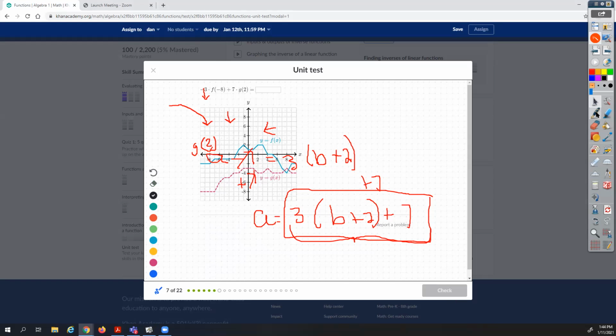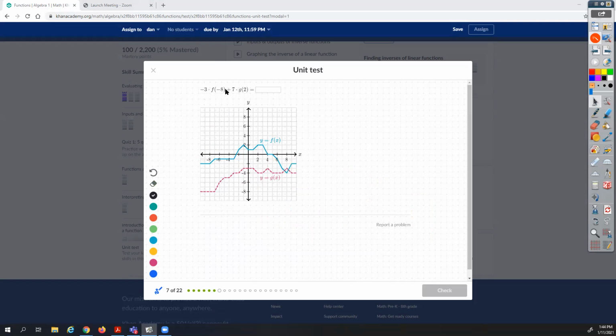So let's take a look at this one over here. We have -3 times the function f of -8 plus 7 times g of 2. According to this, we have 2 graphs here.